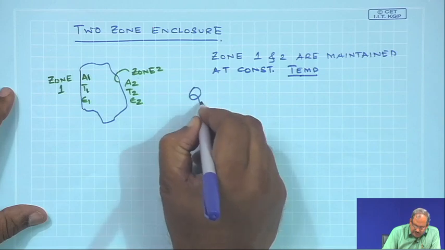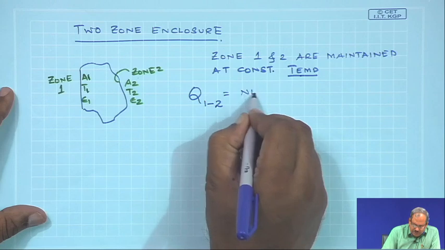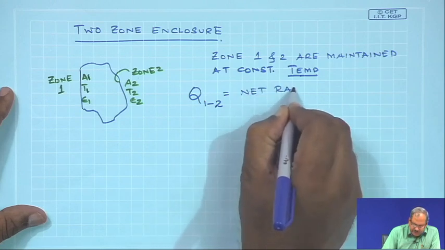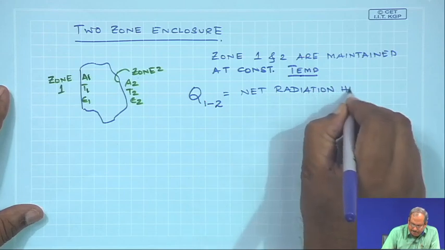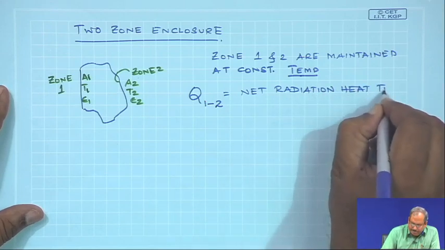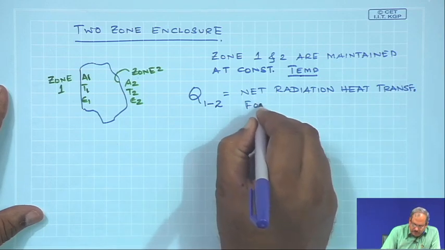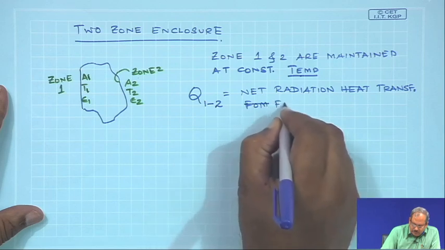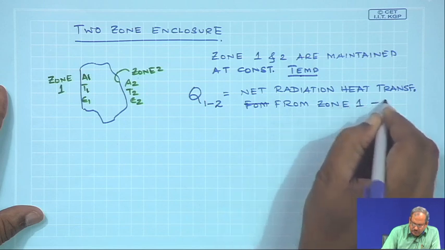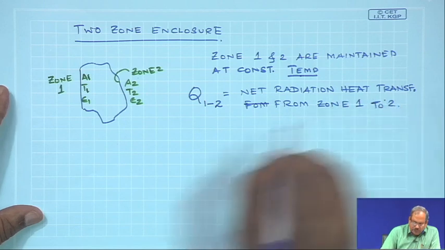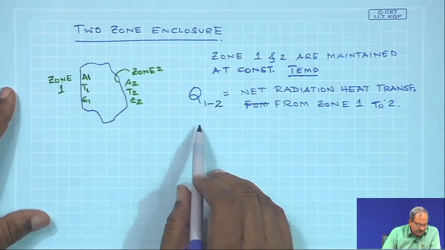So, let us call the net radiative heat exchange between 1 and 2 as Q 1 2, which is the net radiation heat transfer from zone 1 to 2. So, the amount of heat transfer from 1 to 2 is called Q 1 2.